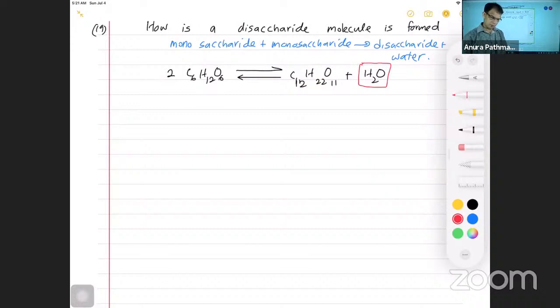Now we studied the disaccharides as maltose, sucrose, and lactose. My 20th question. Question number 20, right?